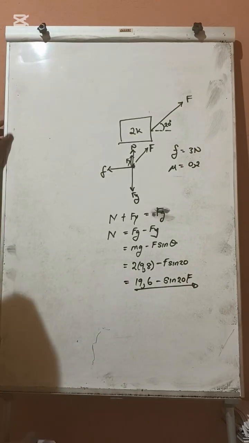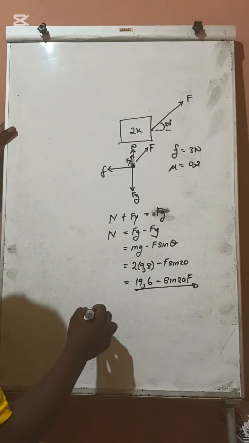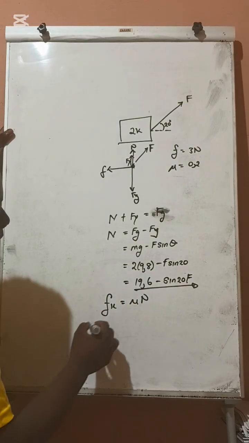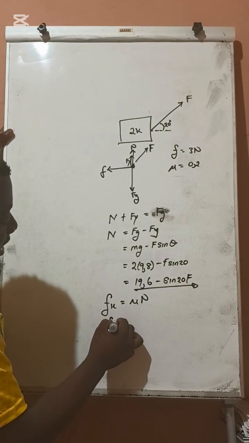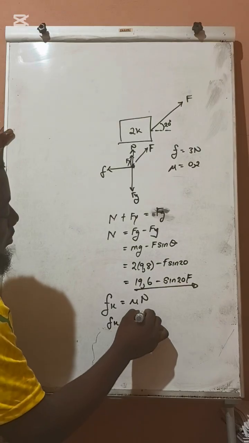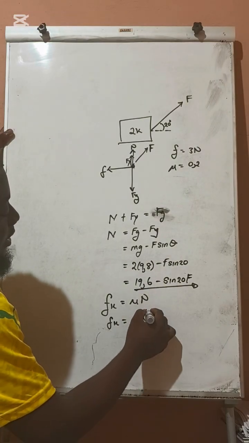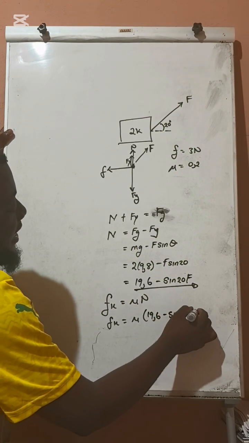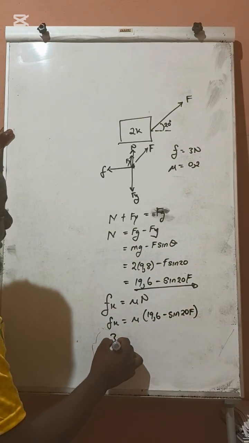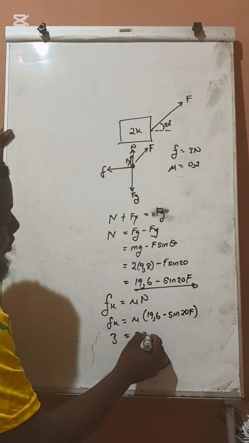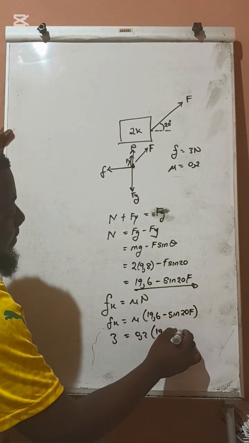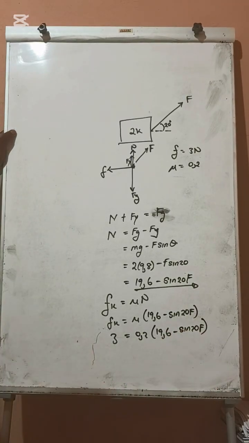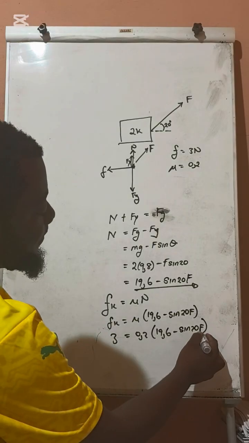We use the formula for friction, Fk equals mu n, where the normal force is 19.6 minus sine of 20 F. They say friction is 3, so 3 equals 0.2 times (19.6 minus sine of 20 F). Then you make F the subject of the formula.